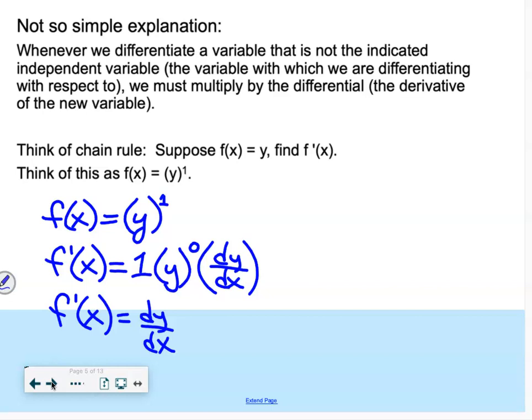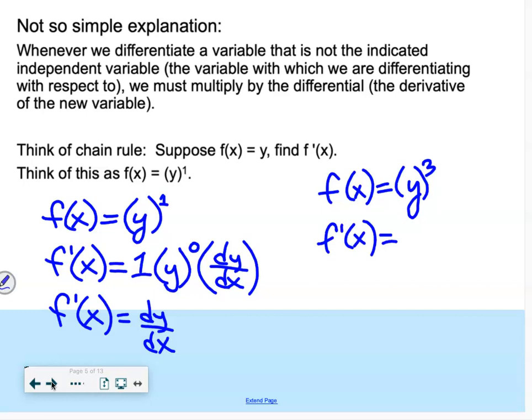Let's take it up a notch. Suppose f of x equals y cubed. I'm going to put the y in parentheses. The derivative of f of x is f prime of x. The derivative of y cubed would be 3y squared times the derivative of y with respect to x, which is dy/dx.